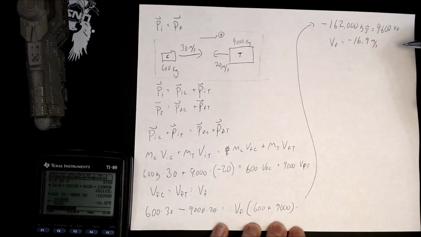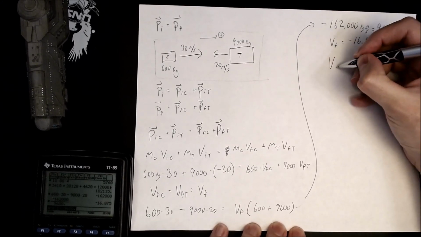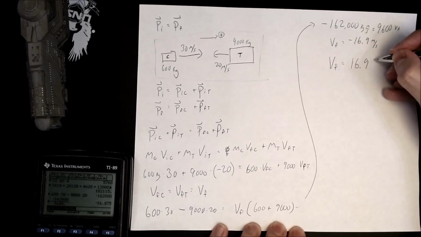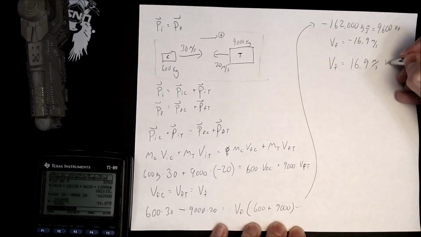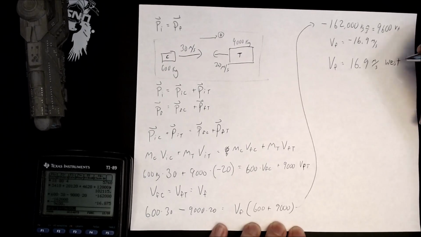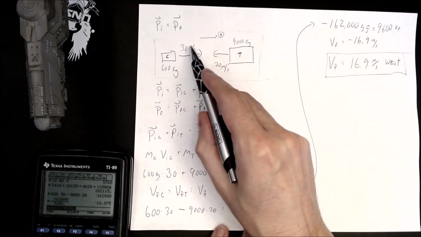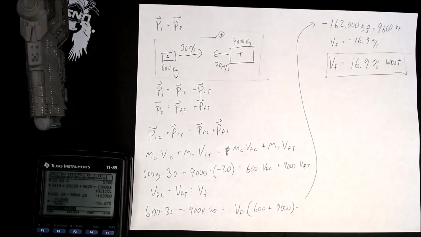AKA, what do we say about that? Well, we can rewrite that as V final is equal to 16.9 meters per second west, because that negative implies that it's going the opposite direction, and that's going to be west.